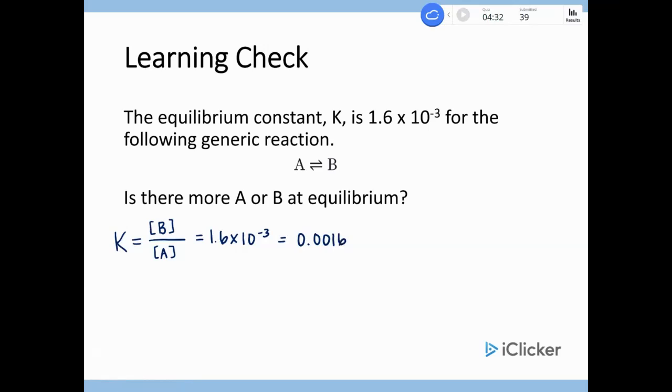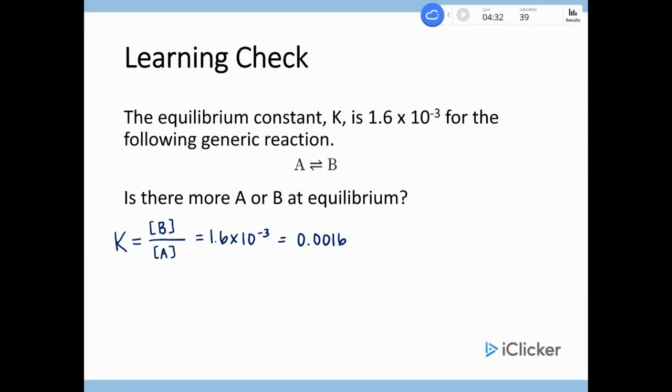So the ratio of B to A is a small number. It is a decimal, not a whole number. That means B must be smaller than A, so there must be a higher concentration of A at equilibrium than B.